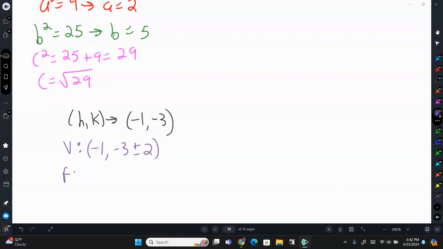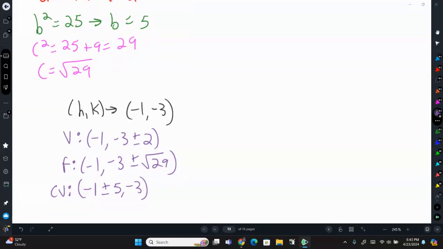And then our foci will be -1, comma, -3 plus or minus our c value, which is the square root of 29. And then our co-vertices, we moved plus or minus 5 units in the x direction from the center. Again, this is going to take a little bit of time to get used to, but just like with ellipses, your vertices, center, and foci all align on the transverse axis.